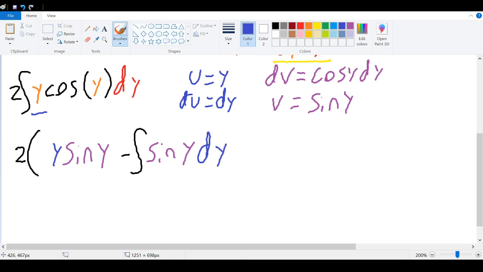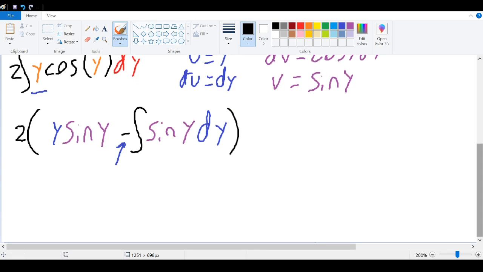And so we're just integrating sine y, which is equal to negative cosine y. But since there's this negative here, that becomes a positive cosine y. All right. And so now this is looking like our answer. So all of this becomes just positive cosine y.